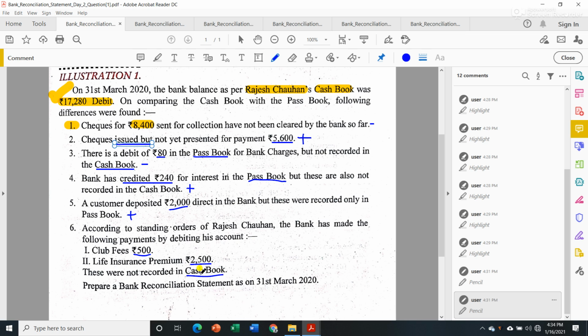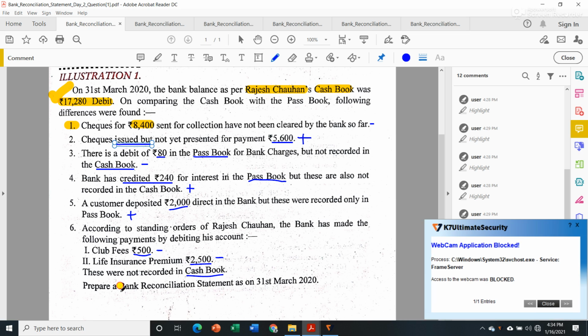That means our cash book is showing 3,000 more than the passbook. So we will simply deduct these two items from our cash balance, or we can just write these two in our minus item, and then we will have passbook balance and cash book balance as equal.